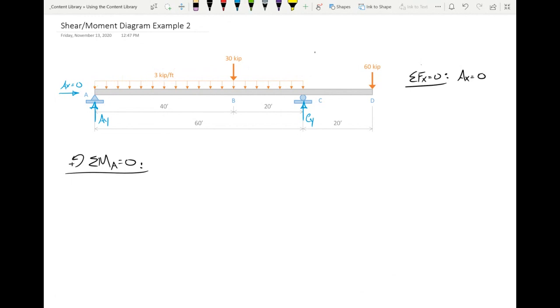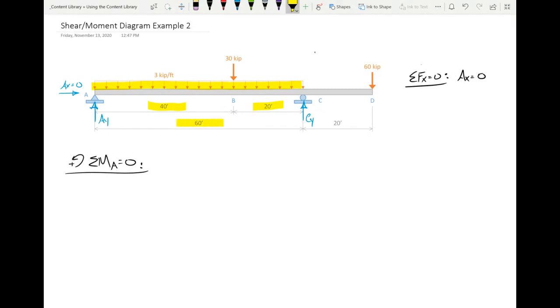Every foot, that's another 3 kips. And so the first question we have to ask is, how much is the total amount of load, the total amount of force? Well, how long is the load? Here's the load. It goes from here to here, right? So that total distance is 40 foot plus 20 foot, or 60 feet.